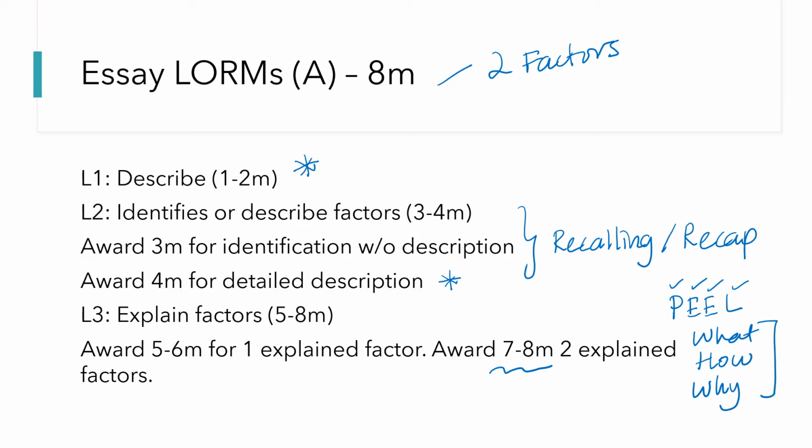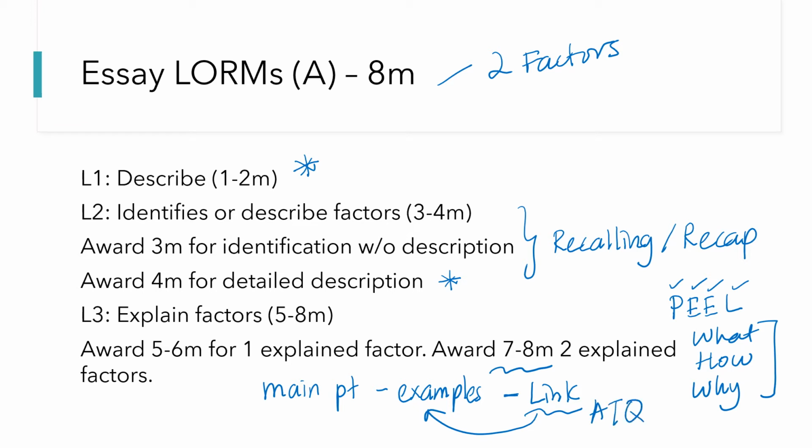Okay, now as long as you have a main point, as long as you have examples, as long as you have a link, okay, that would actually be an explanation. So the link is to actually use the examples to answer the question.